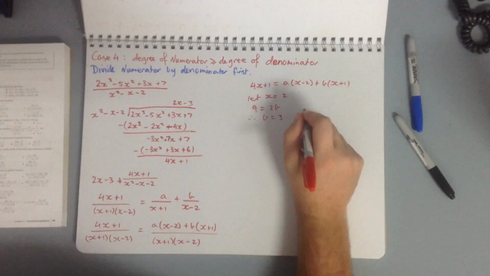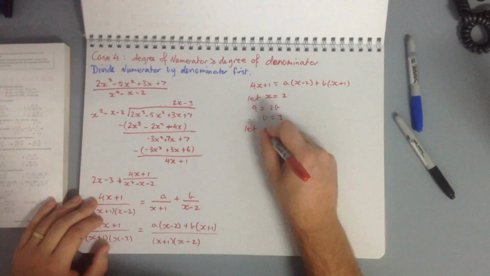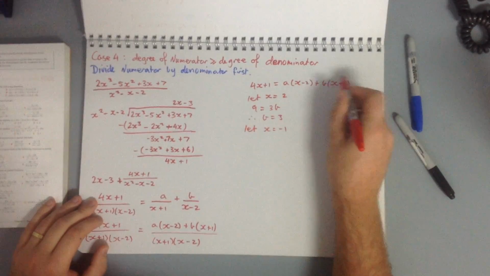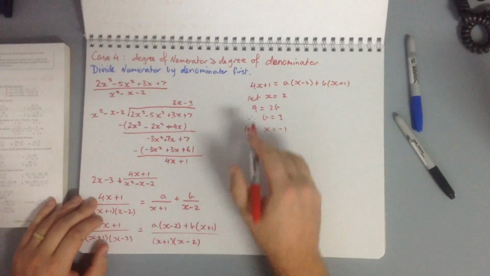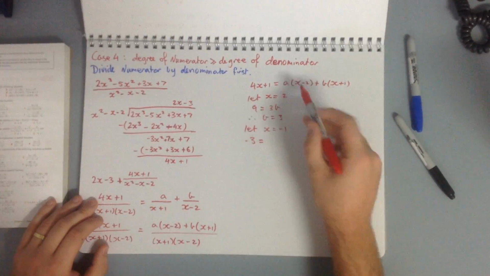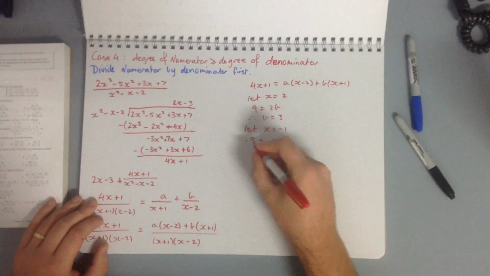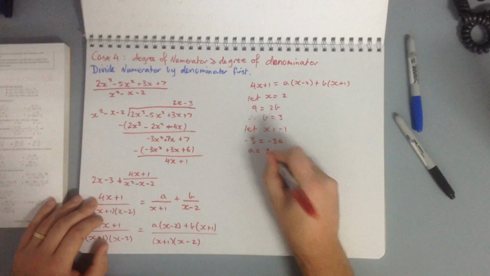We're getting there. Now we let x equal negative 1 to cancel out this bracket. So 4 times negative 1 is negative 4 plus 1 will give us negative 3, equals negative 1 take 2 is negative 3, so we get negative 3a. So a will equal 1.